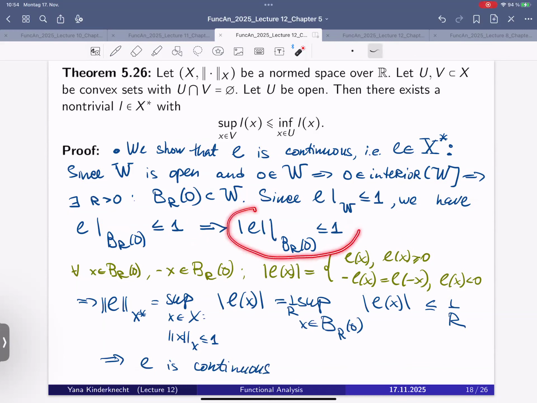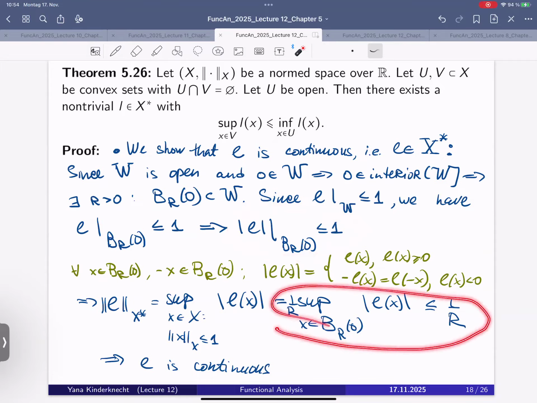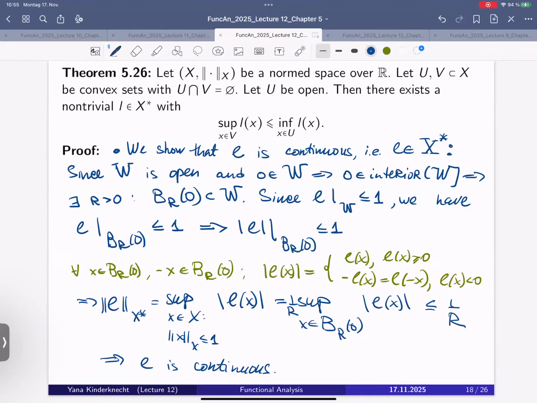Since we have this inequality, we have also this inequality. Hence, we have shown that L is continuous. Okay, it was step number 1. So for a very specific convex set V, we have shown the statement of the theorem.